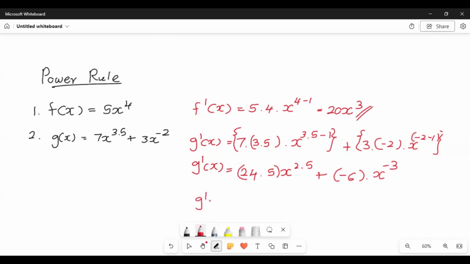So the final answer is g dash x equals 24.5 times x to the power of 2.5 minus 6 times x to the power of negative 3.